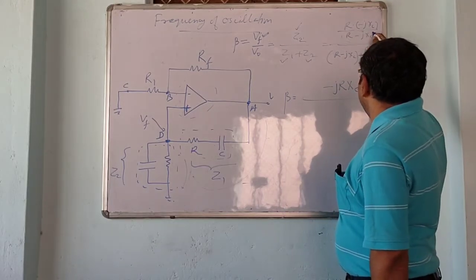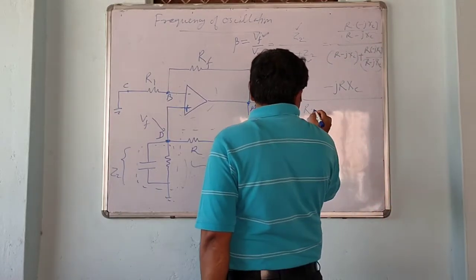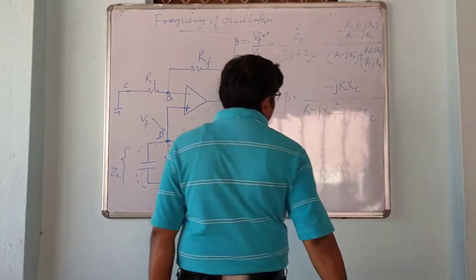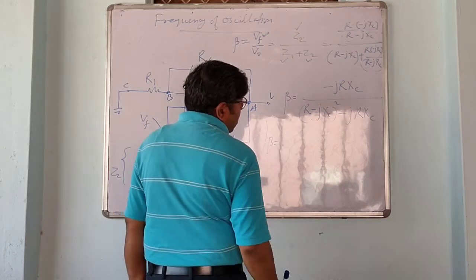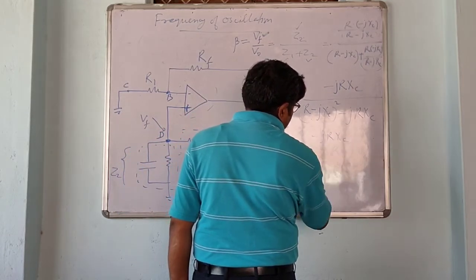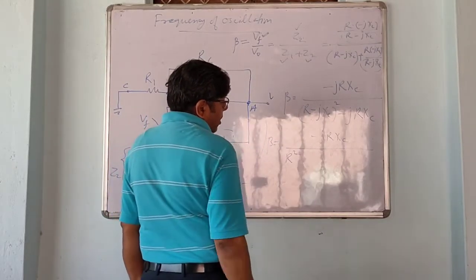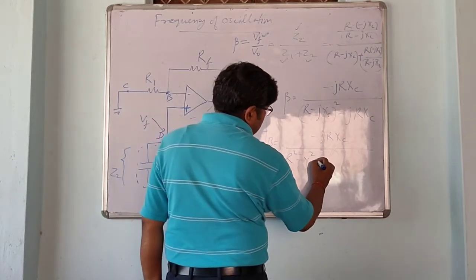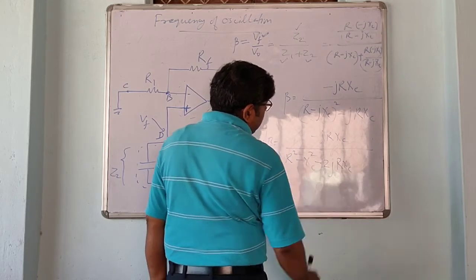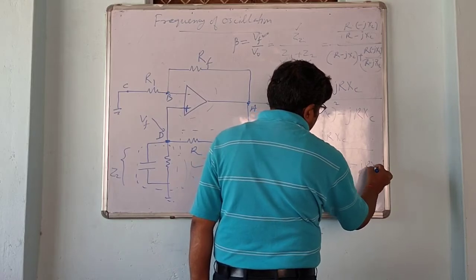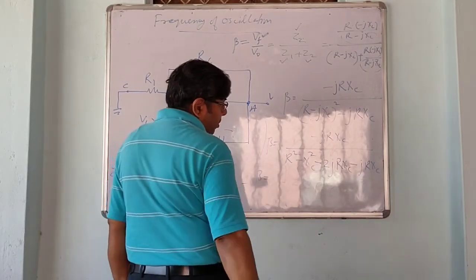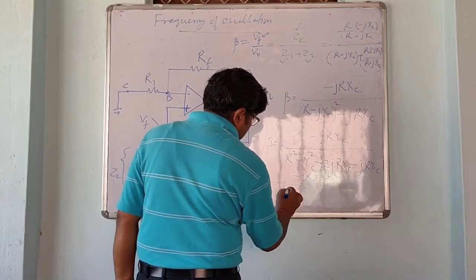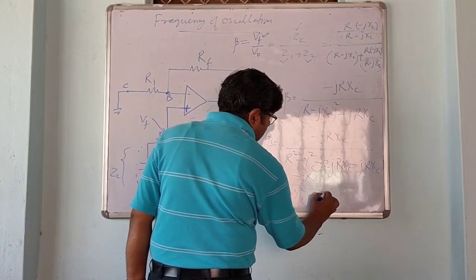This is cancelled out, the LCM is the same, and you will get R minus jXC whole square minus jRXC, or you can write beta equals minus jRXC divided by R square plus this square, that is minus XC square, minus 2ab, that is minus 2jRXC, minus jRXC, or beta equals minus jRXC upon R square minus XC square minus 3jRXC.